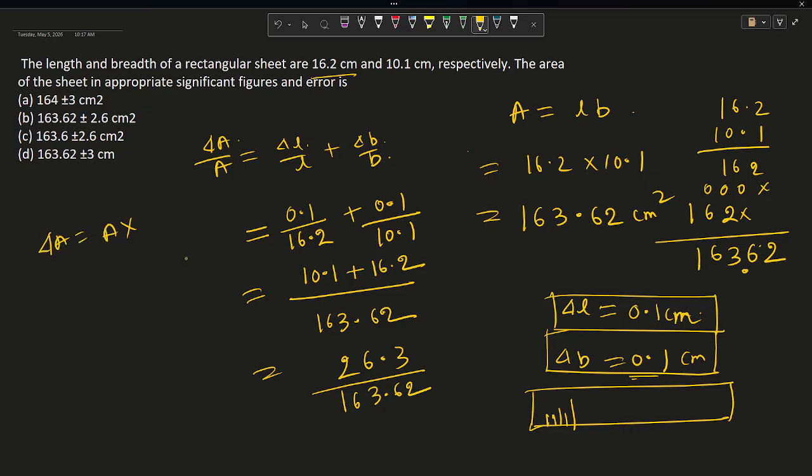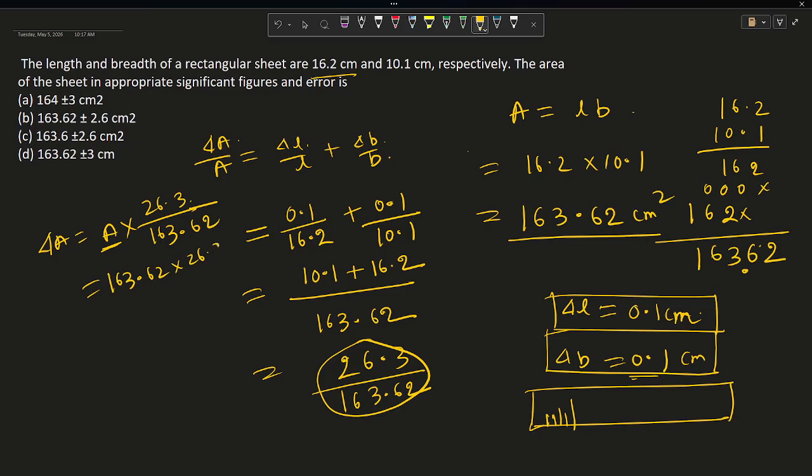A into this value, 26.3 by 163.62. Now put A, 163.62 into 26.3 by 26.3.